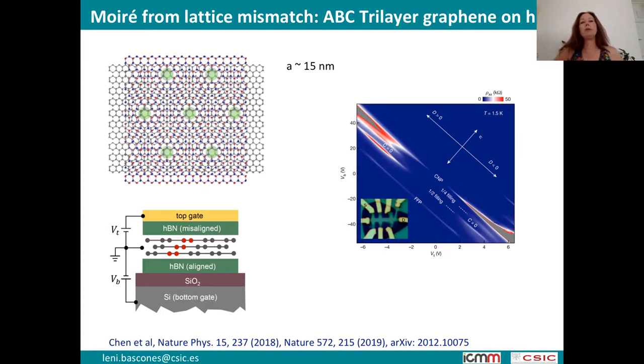And in particular, very soon after the insulating and superconducting states in twisted graphene were discovered, the group of Feng Wang in Stanford designed a device in which they had ABC trilayer in between two gates, and also observed insulating states at integer filling. So this is the system I'm going to talk about.